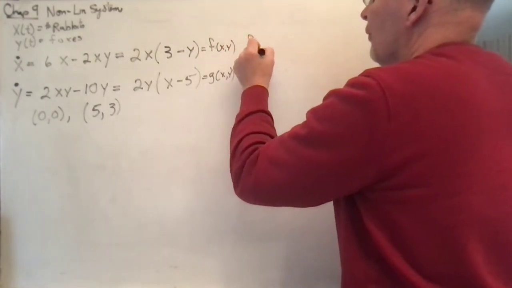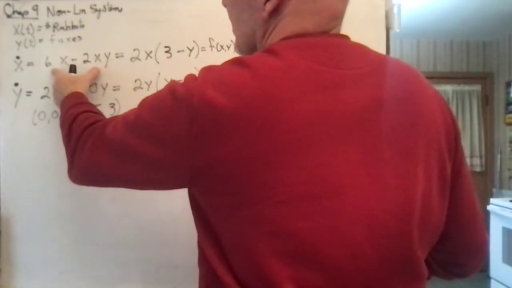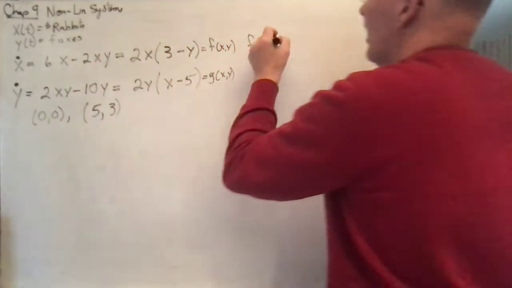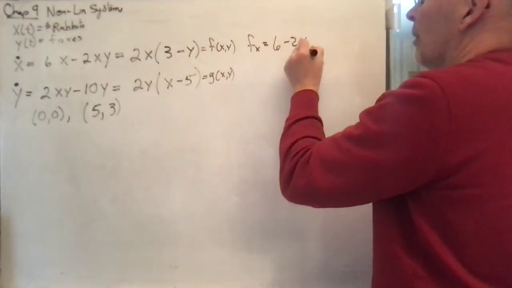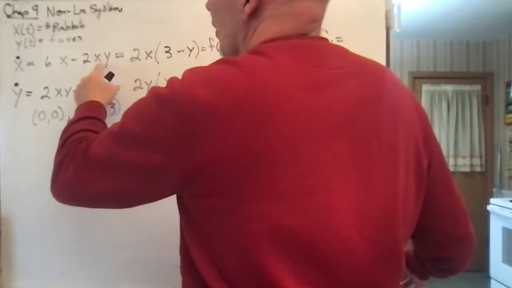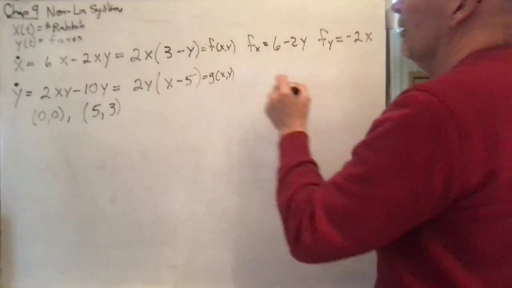So the partial of f with respect to x is going to be, this is the easier place to do it, partial with respect to x is going to be 6 minus 2y. And the partial with respect to y is going to be negative 2x. Agreed?